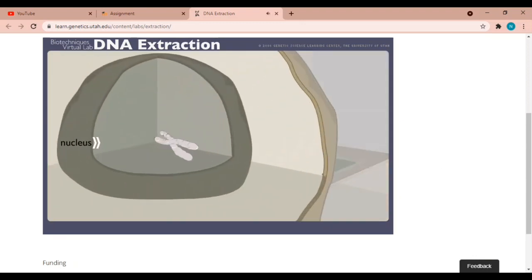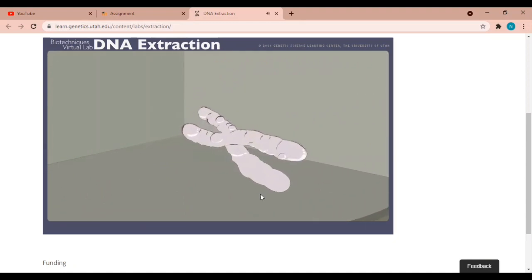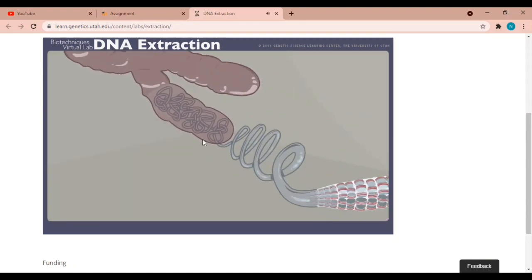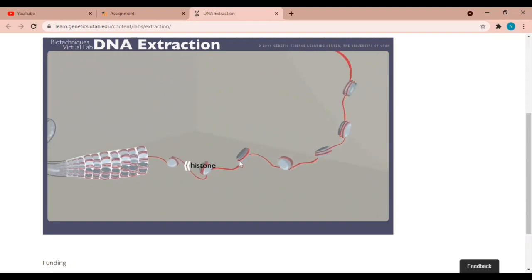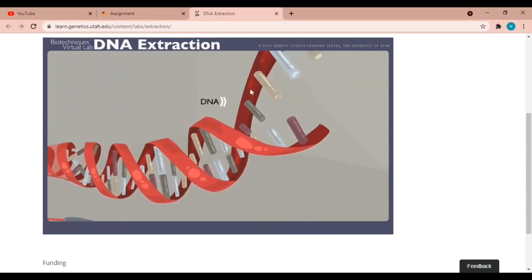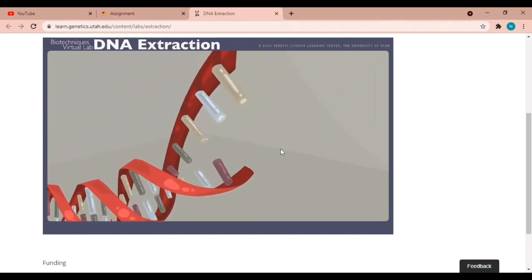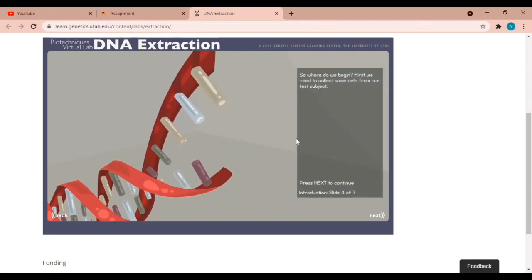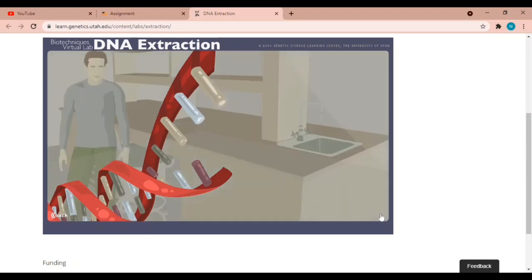These are the cells, and inside the nucleus are the chromosomes. Inside the chromosome there is histone, DNA. So first I need to collect some cells from our test subject. Press next to continue.